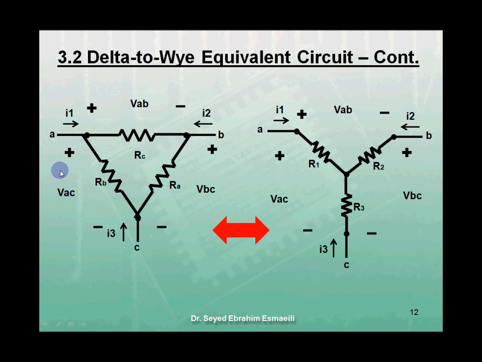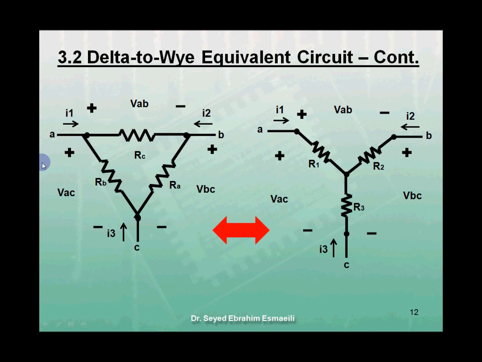For example, the current I1 flowing in node A in the delta configuration is equal to the current I1 flowing in node A in the Y configuration. This is also true for the current I2 flowing in node B in both configurations, and for current I3 flowing in node C in both configurations.